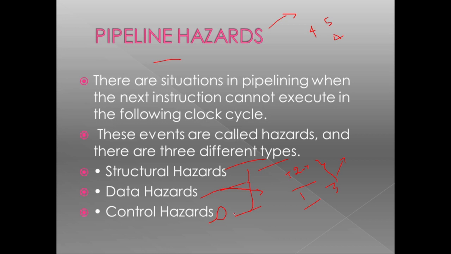The control hazard occurs because of an overall problem with that particular instruction. These are the three important hazards that occur in the pipeline.